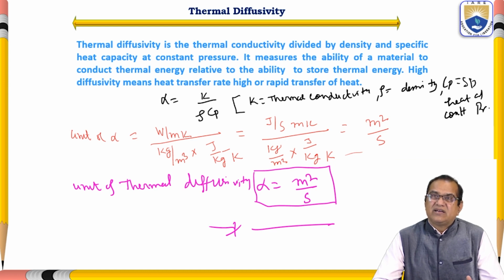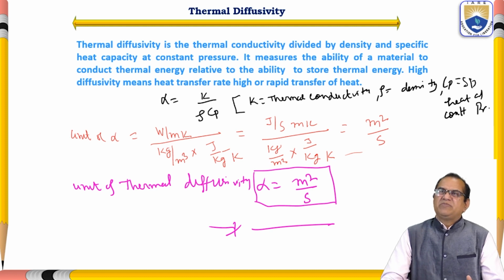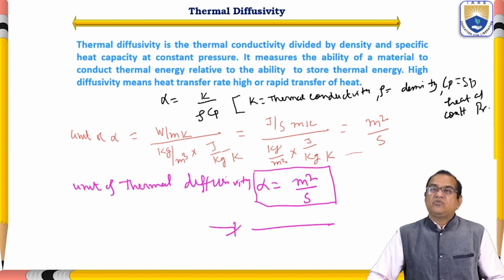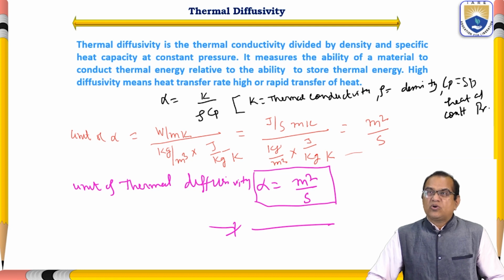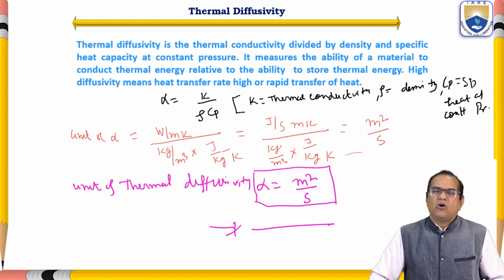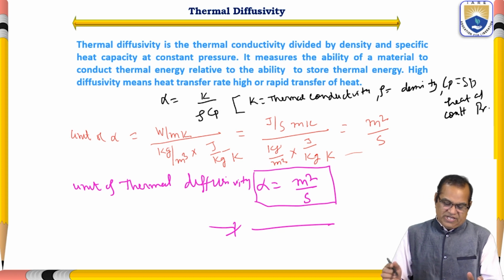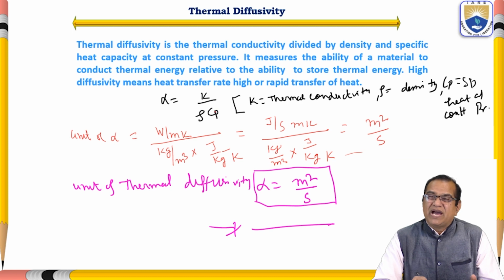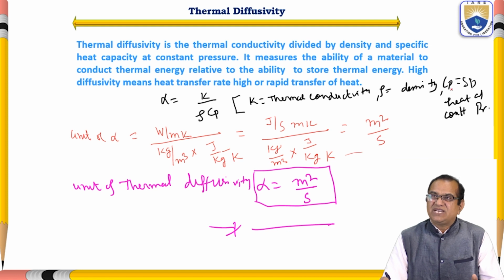It measures the ability of a material to conduct thermal energy relative to its ability to store thermal energy. High diffusivity means a high heat transfer rate, or rapid transfer of heat. So alpha, the diffusivity, is equal to K by rho Cp, where K is the thermal conductivity, rho is the density of the material, and Cp is the specific heat at constant pressure.